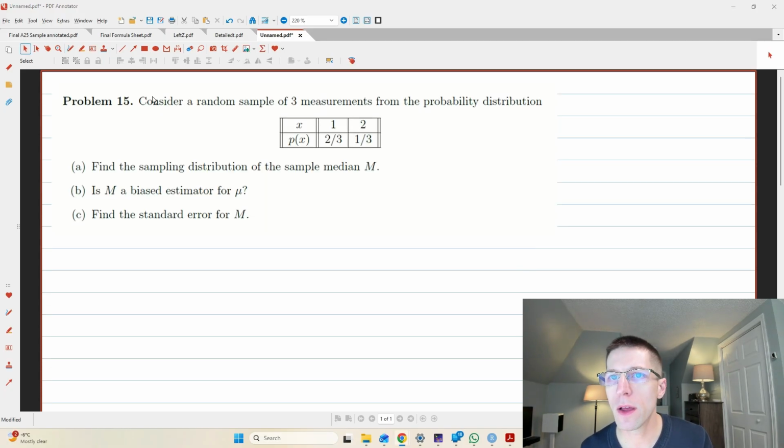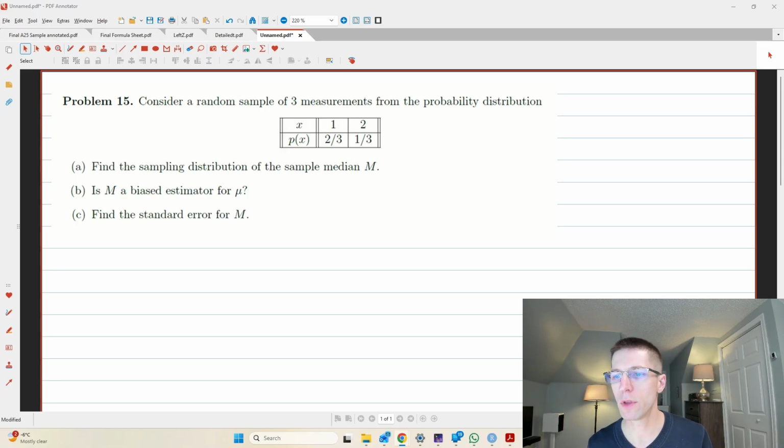Problem 15 asks us to find the sampling distribution of the sample median M, where we're taking samples of 3 from this given discrete probability distribution. Then we're asked to determine if M is a biased estimator for mu, the mean, and finally to find the standard error for M. Part A is probably the longest.